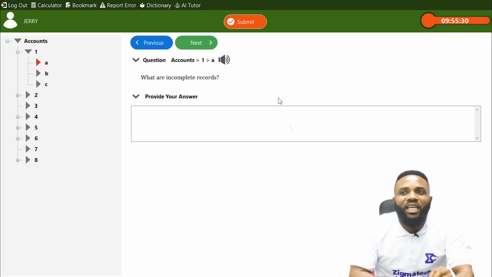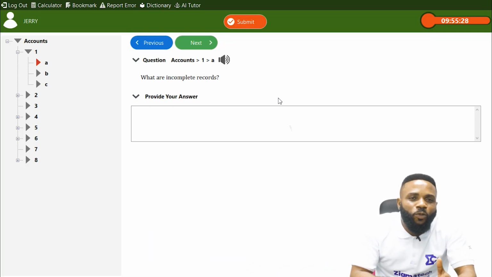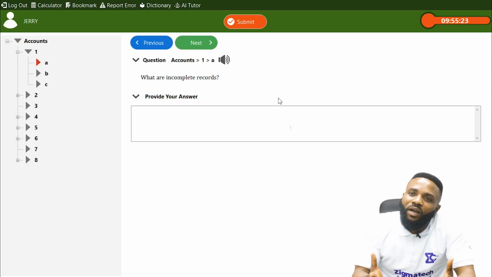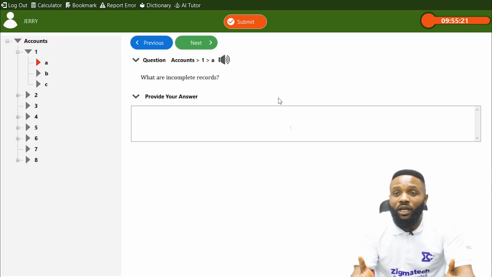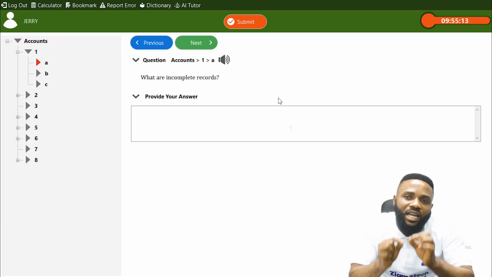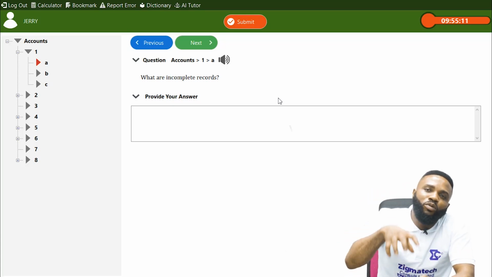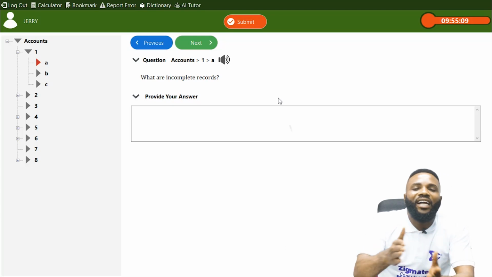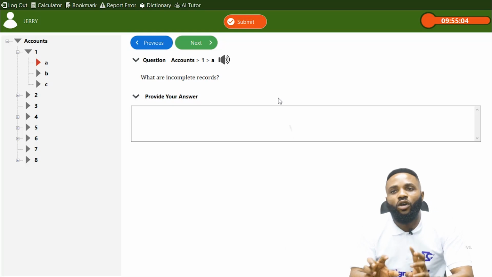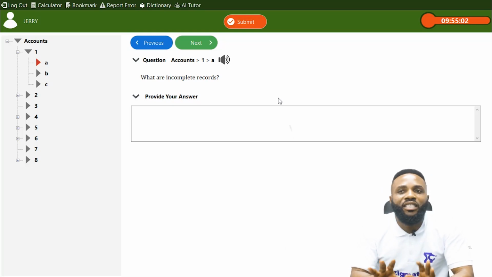That is to say that the transactions do not follow the dual aspect of accounting. Remember our double entry principle states that for every debit entry, there must be a corresponding credit entry. So any entry that does not conform to this debiting and crediting can be seen to be incomplete, or can be seen as single entry.